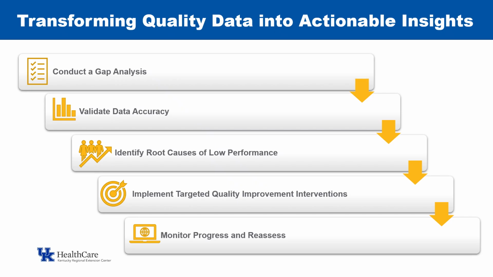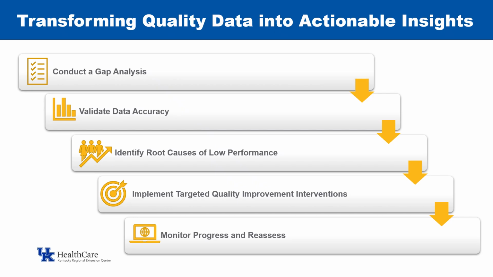So first of all, we recommend conducting that gap analysis, identifying those low performing measures, and then identifying any data completeness or reporting issues with those low performing measures. Secondly, validating data accuracy. Ensure that your denominator and your numerator logic are correctly captured.